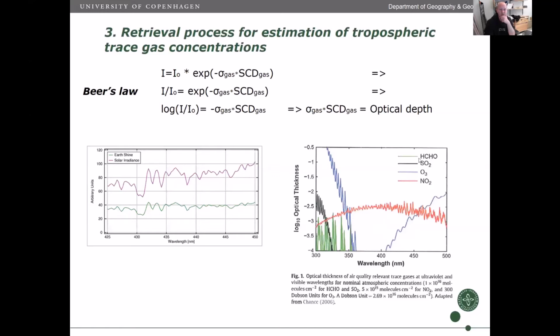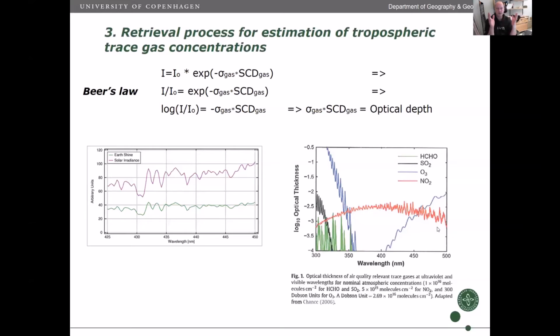So say that we would be interested in measuring sulfur dioxide. Then we would choose to use a wavelength just above 300 nanometers, because you can see that there is a large variability between the different wavelengths, and sulfur dioxide is only absorbing in this part of the spectrum. Whereas nitrogen dioxide, the trace gas which we are interested in, is absorbing throughout the entire spectrum.